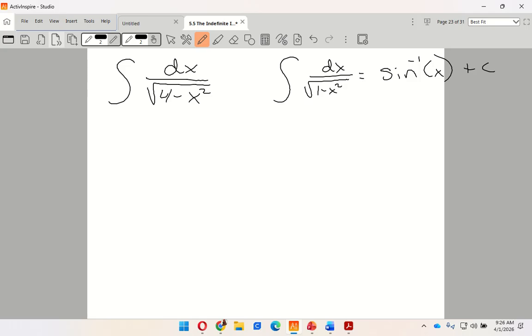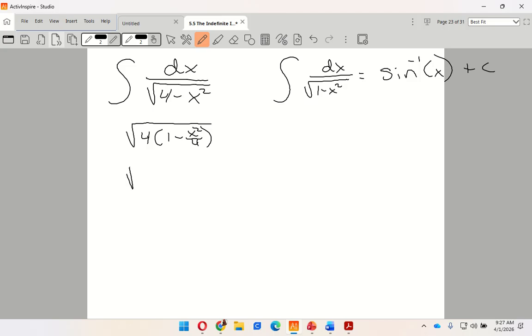So I'm gonna take this 5. Is that the one you gotta get? So if you factor it out, do you see what I did there? It could be written as rad 4 times rad 1. Yes.